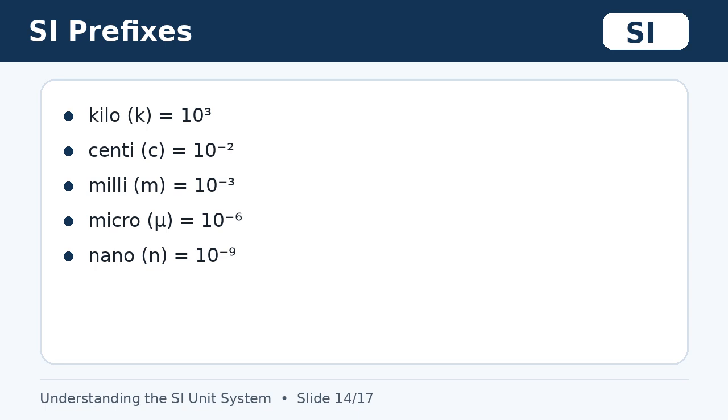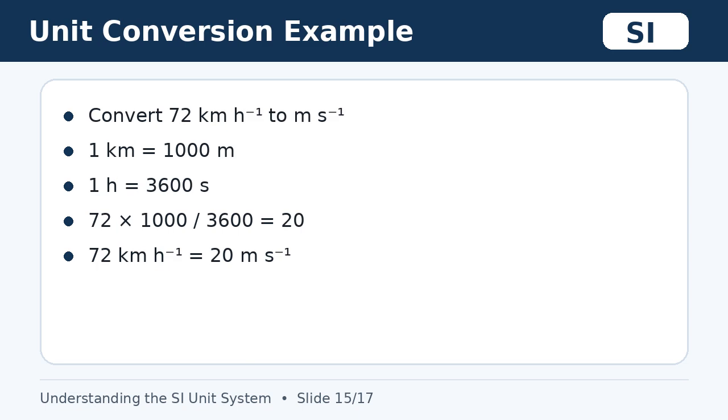Let us convert 72 kilometers per hour into meters per second. We begin with 72 kilometers per hour. We use 1 kilometer equals 1000 meters, and 1 hour equals 3600 seconds.